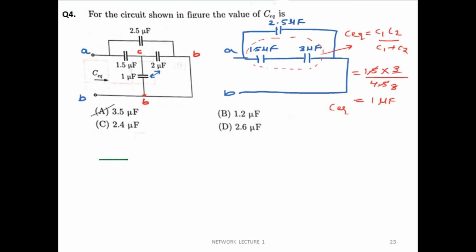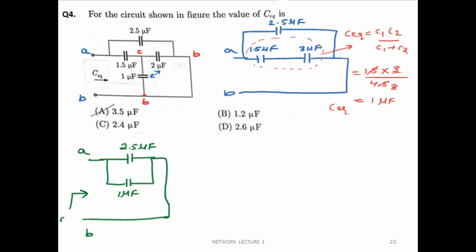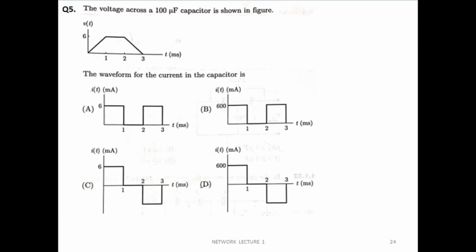It means this is connected in parallel with the 2.5 microfarad capacitance, and this is terminal A and this is terminal B. So now these two are connected in parallel, so it will be 1 microfarad plus 2.5 microfarad, equal to 3.5 microfarad. Okay, so option A is correct.